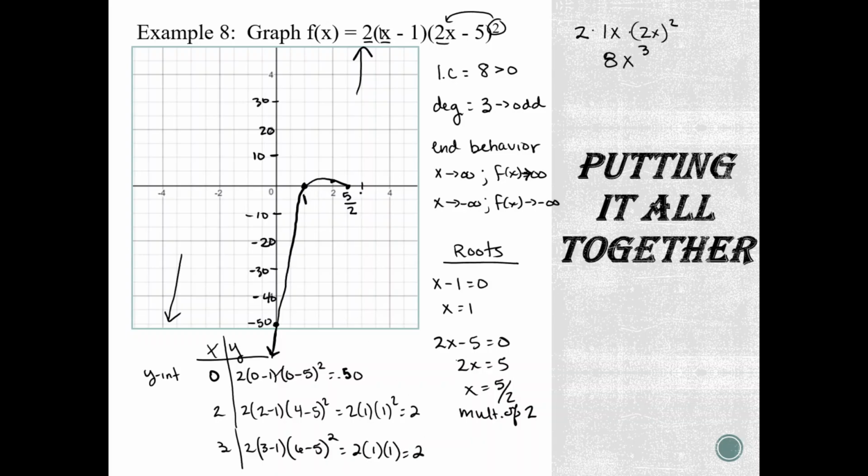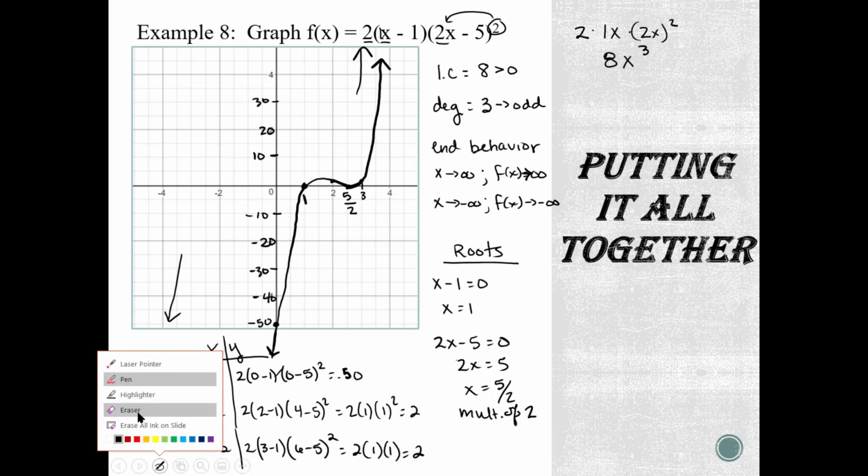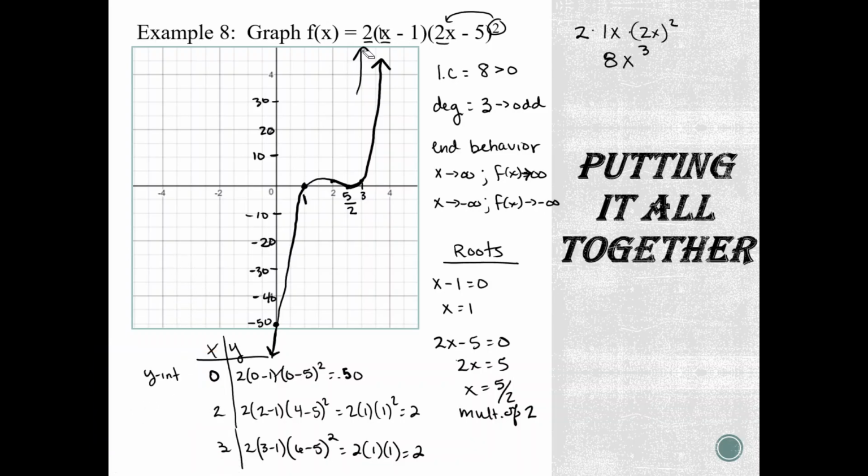So at 3, I'm still going to be just right here, and it's going to come back up. Okay? And so my end result looks like this. Now notice my scale is skewed because I changed the Y scaling and I didn't change the X. That is okay as long as we mark the graph and it's readable.